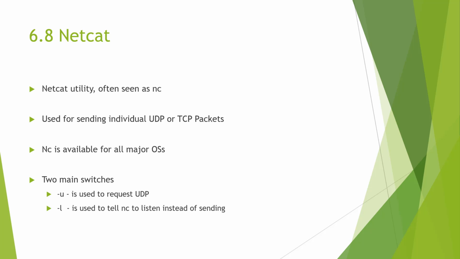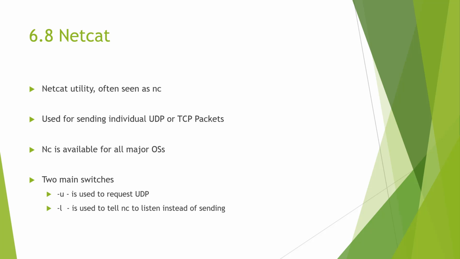We can send an individual TCP or UDP packet to that address. And again, we can send a single packet or we can send multiple packets. The nice thing here is Netcat is available in all major operating systems. There are two main switches when we're talking Netcat: -u and -l.